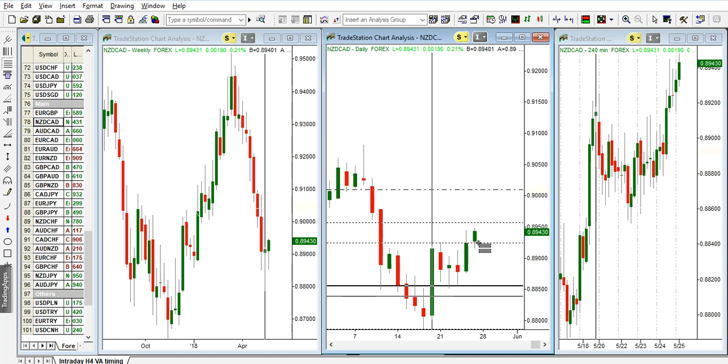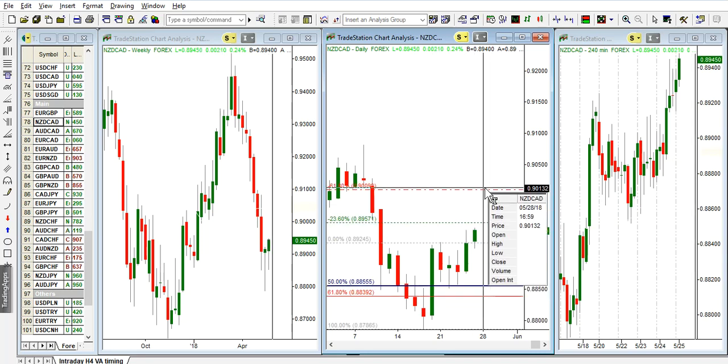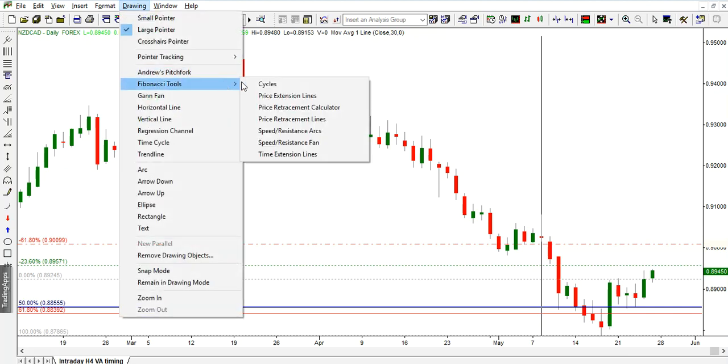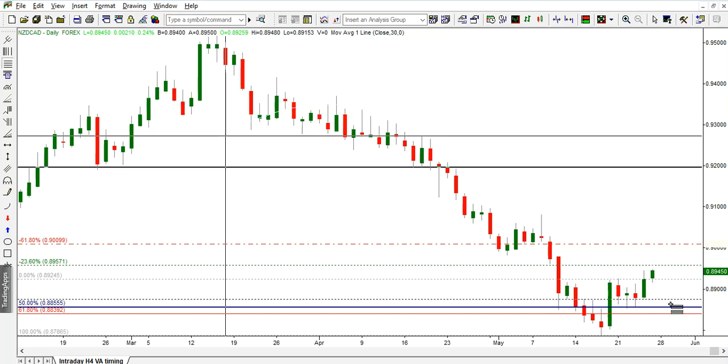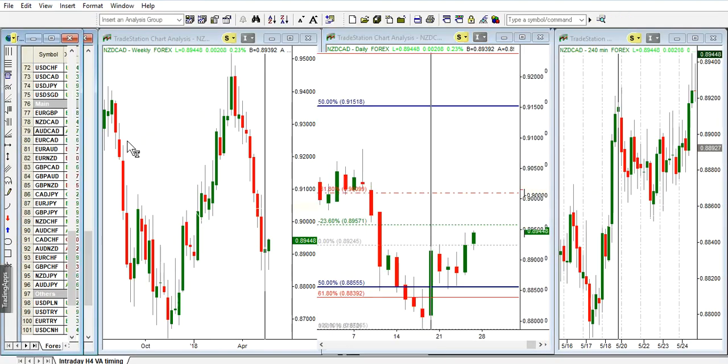Lows to highs, as found participation close to the first target, could continue higher into the second target here. Okay, so this market is very extended, and we will use the 50% here, but another bull anchor could also come into play.